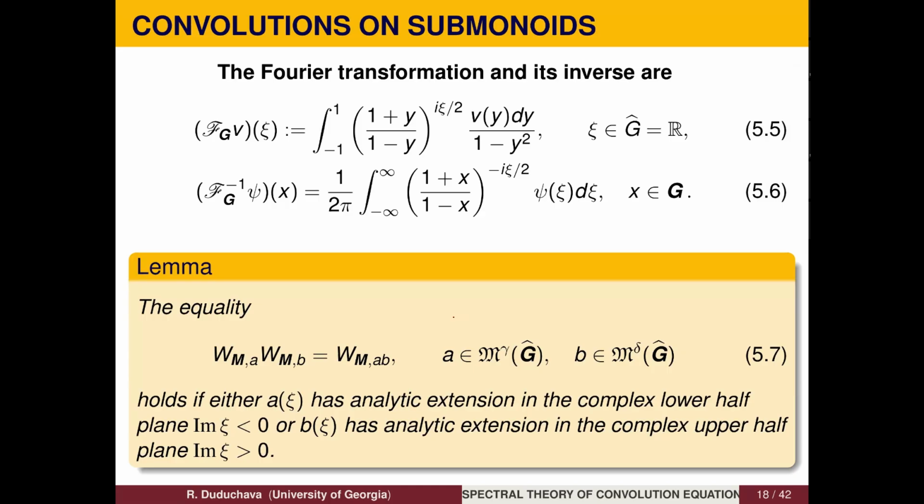The composition of convolutions on submonoids is a convolution on submonoids if either the symbol A has an analytic extension in the upper half plane, or symbol B has an analytic extension in the lower half plane. Not always. For the convolutions on the groups, it was always true, but here not. Only under these conditions.